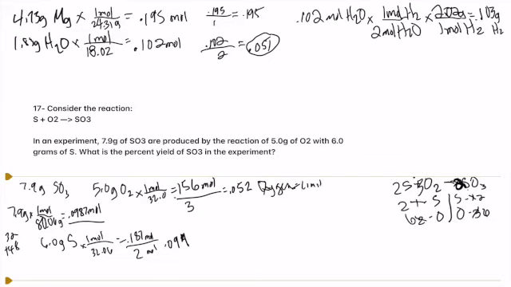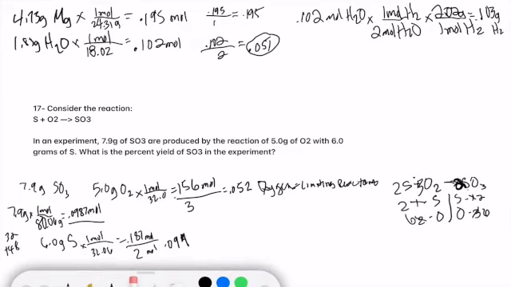So oxygen is our limiting reactant. And so everything else now that we're doing in this equation, determining the percent yield, is going to be based on knowing that 5.0 grams of oxygen is our limiting reactant.